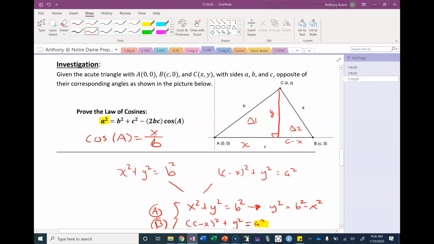Because this is a right triangle, we can use SOHCAHTOA. The cosine of A is adjacent over hypotenuse, right? And then if we multiply both sides of this by b, we get that b times cosine A is equal to x.